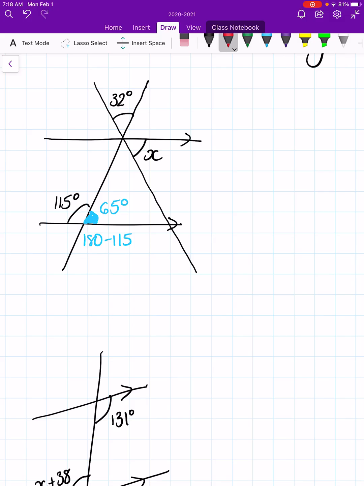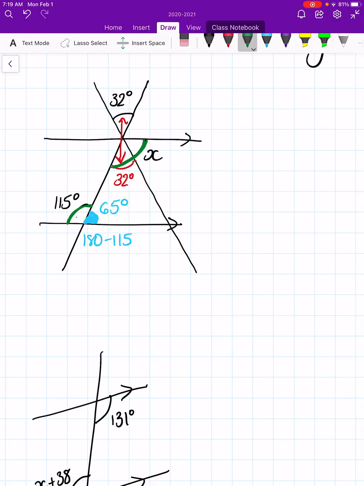I also have angles which are vertically opposite each other here, okay? So they are going to be equal, so I know that this is going to equal 32 degrees. And then to find X, now I'm going to use the fact that we have alternate angles. So this angle and all of this angle here are alternate.